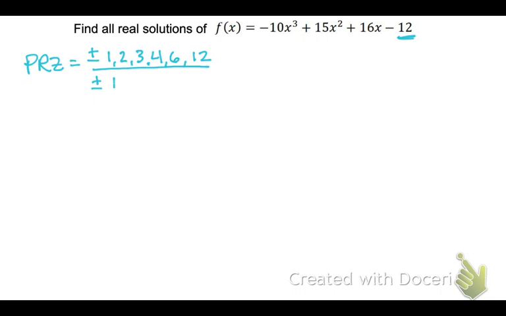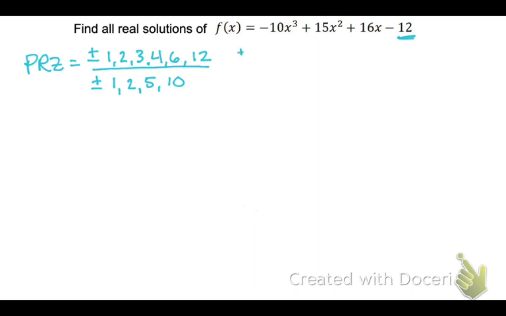1, 2, 5, 10. Okay, so again, if I'm listing this, I have plus or minus 1, plus or minus 2, plus or minus 3, plus or minus 4, plus or minus 6, plus or minus 12. Yes?